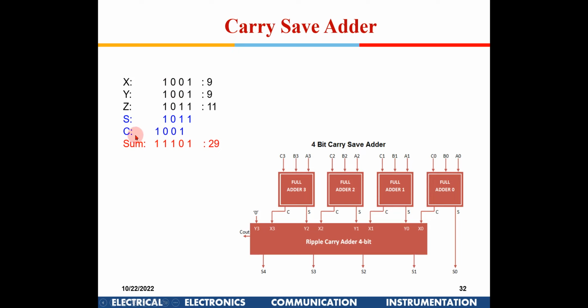Now hardware wise, instead of forwarding the carry in a ripple like this, I have one set of 4-bit adder here, and again one ripple carry adder here, right? If I put the sum here, and the carry here, this sum is coming directly here, and this carry is going to the sum of the next.